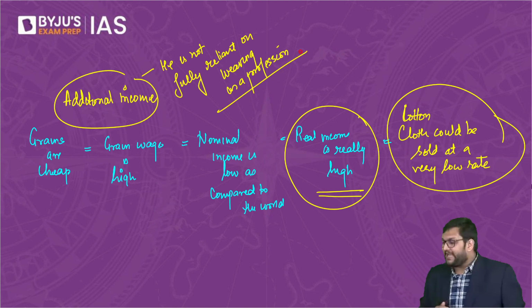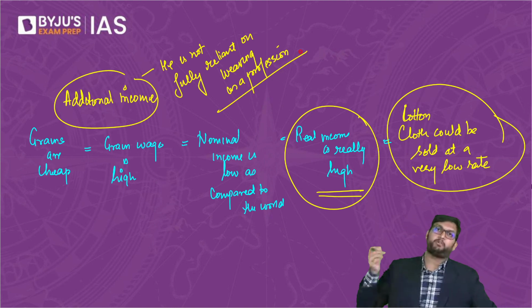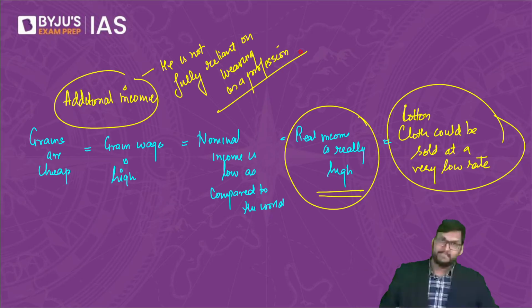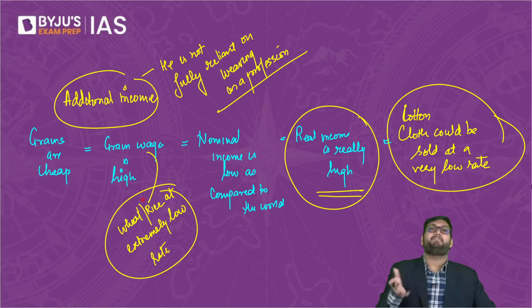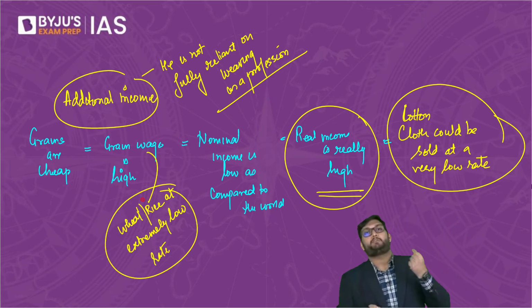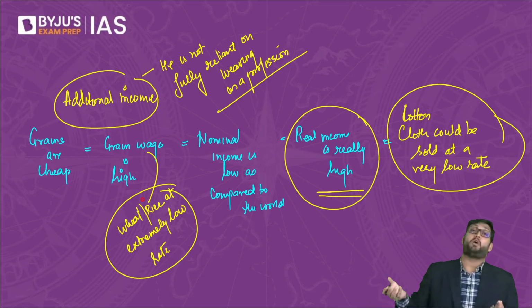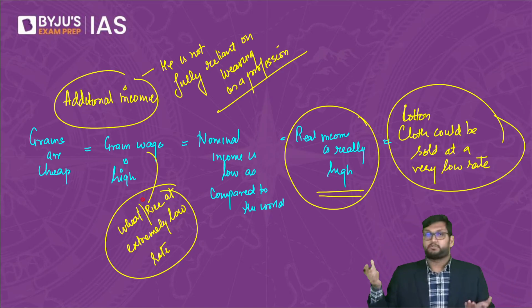So our weaver is also producing food which he can eat, and because in India grains, wheat and rice were never a problem, you can buy wheat and rice at extremely low rates, and that makes your grain wage high. My wage is 1 rupee, but my grain wage is equivalent to 100 kgs of rice. So that is the concept of grain wage.